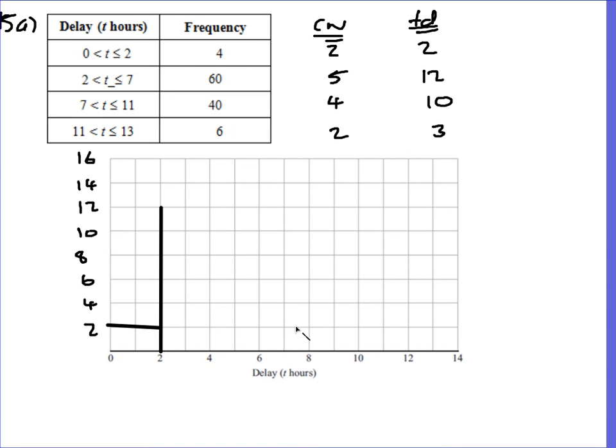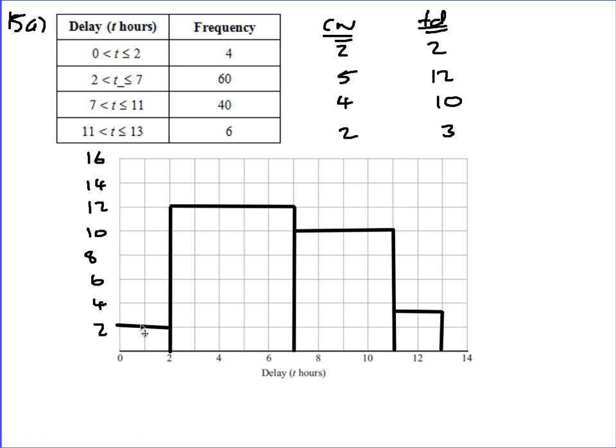So we're going 12 and that's 2 to 7. Then we've got 7 to 11, which is 10. Then we've got 11 to 13. Cleverly they've put 14 in there, so you might accidentally put 14 but you don't, and that goes up to 3. I'll have to just straighten this line out because that's atrocious. Better. So then we've drawn the histogram there.